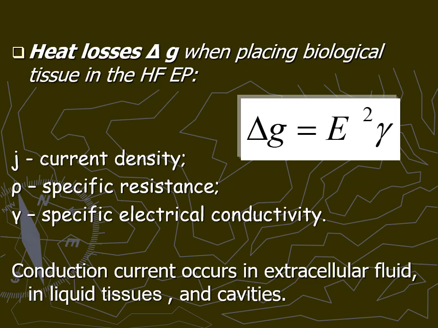In other words, the amount of heat that will be released in the tissues of the body will depend on the parameters of the electrical factor, the voltage, the current density, and will also depend on what characteristics the given tissue has. That is, the specific electrical conductivity, the specific electrical resistance. In other words, they will also determine the amount of heat that will be released in these tissues.